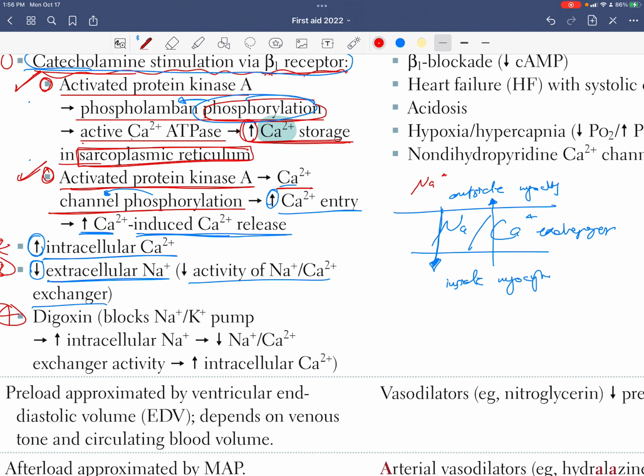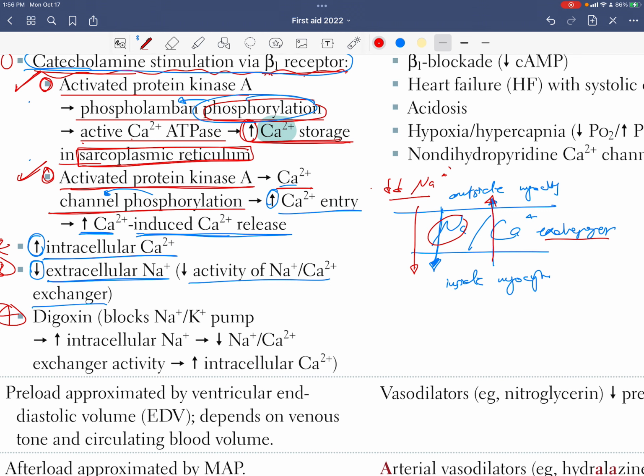If we have very low sodium outside here, that means this exchanger just doesn't go and take what's already low. If it's low, it's just going to keep it out there. It doesn't make sense for it to take all of it inside the cell, so it cannot.